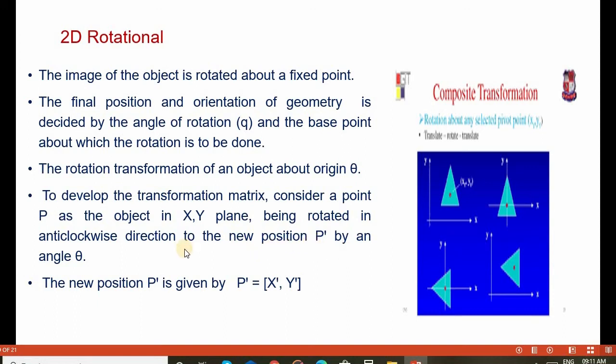So the new position P dash is given by x dash and y dash, where theta is the angle of rotation. The x dash and y dash are the new rotated object coordinates.